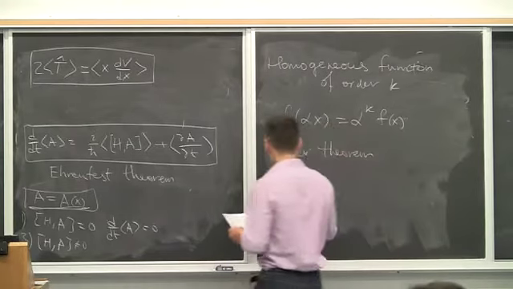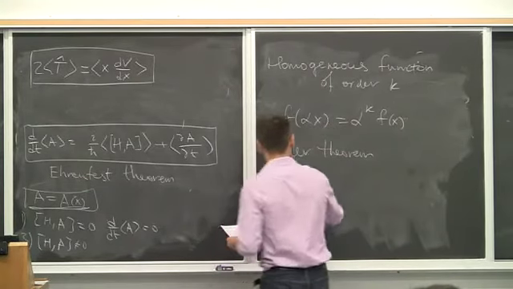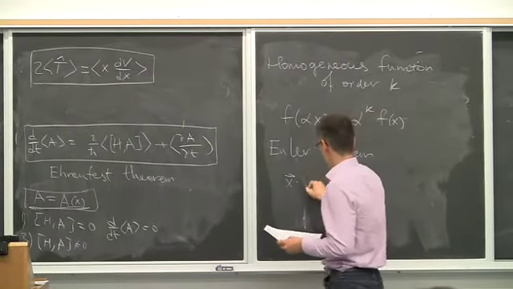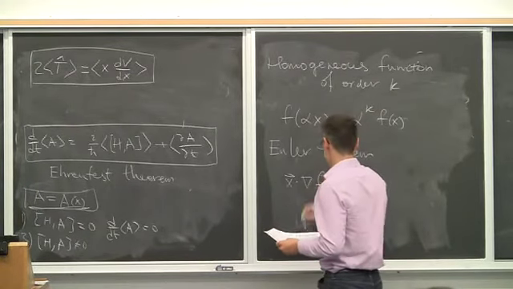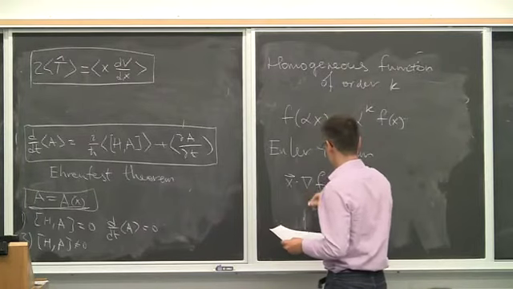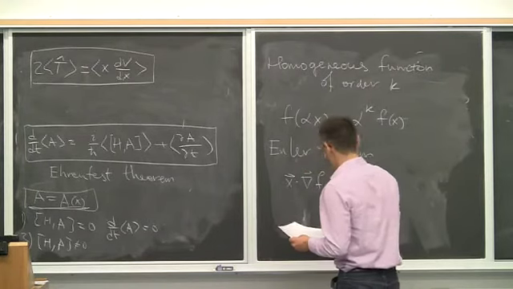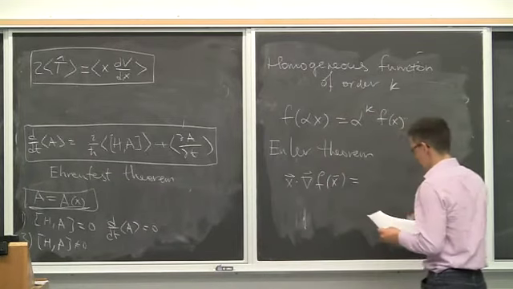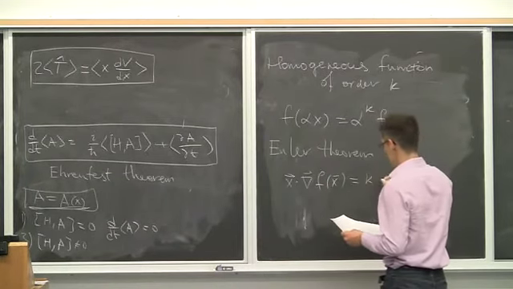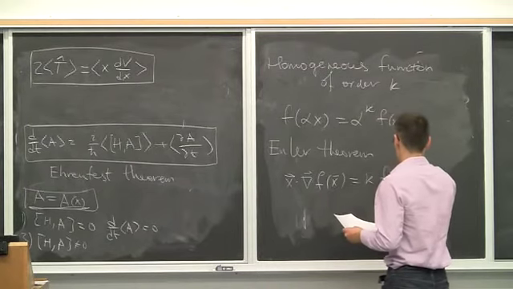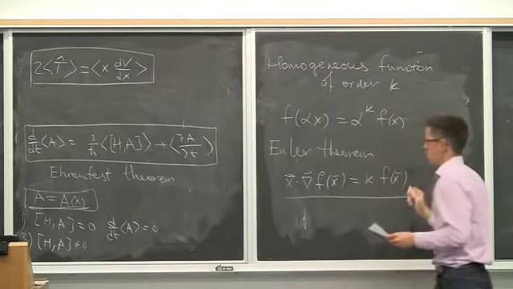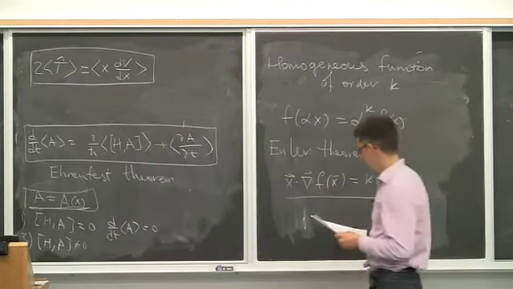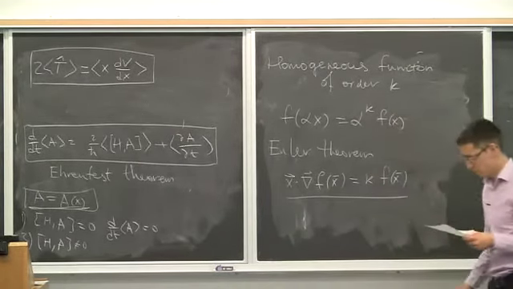So the general statement of Euler's theorem is that if you have x1, x2, x3, and so on, in a dot product with the gradient of a homogeneous function of order k, then you get k times f of x. Okay? I'll show you that this is indeed the case. The proof is very simple.